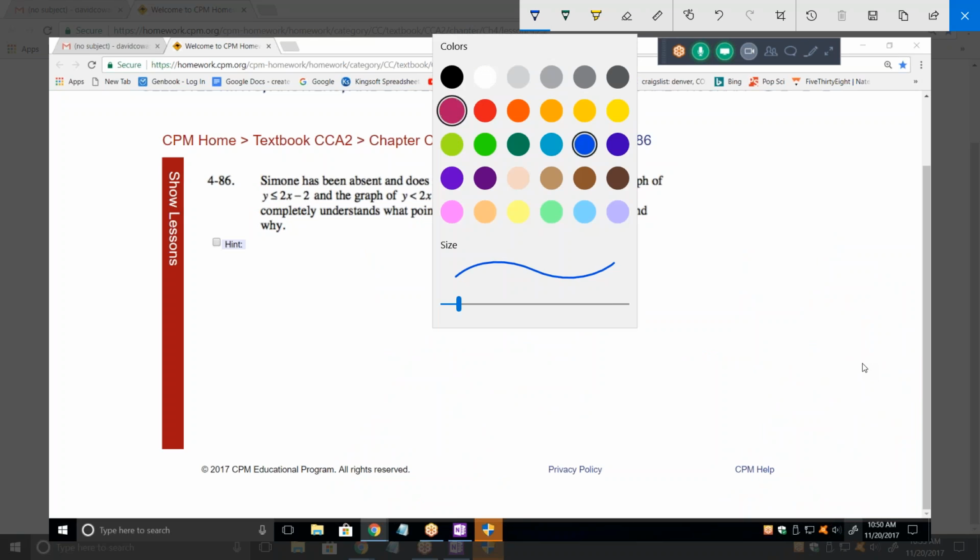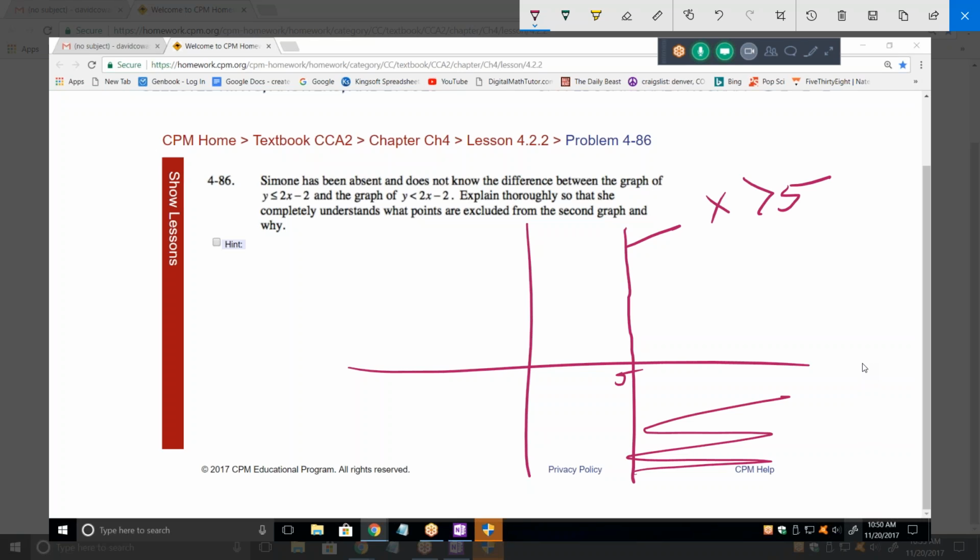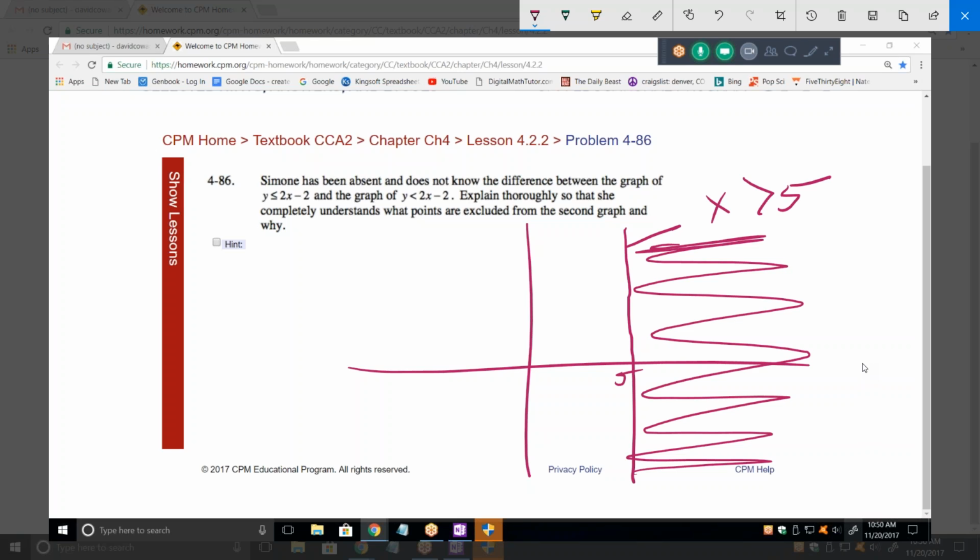In other words, and that is the only time, if I have a vertical line whose equation is x is greater than 5, well then I'm going to shade to the right because top and bottom doesn't make any sense on a vertical line.